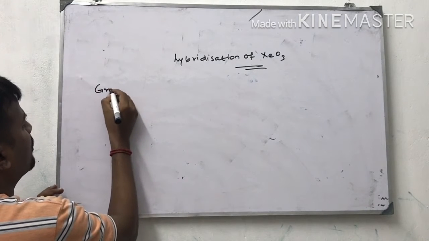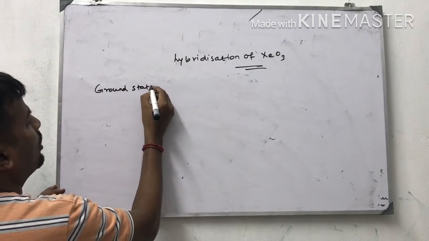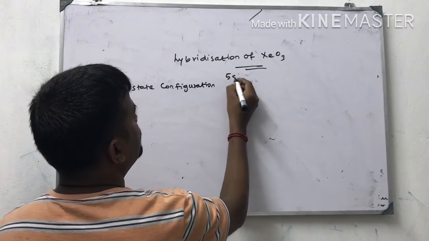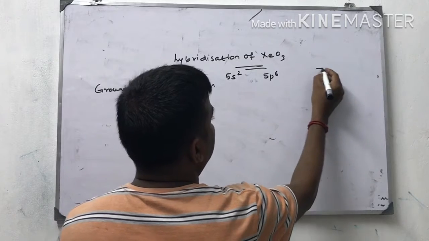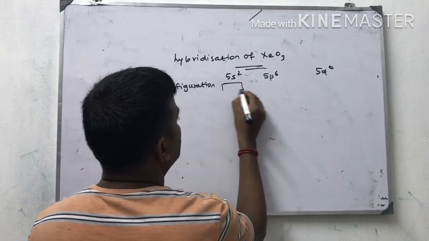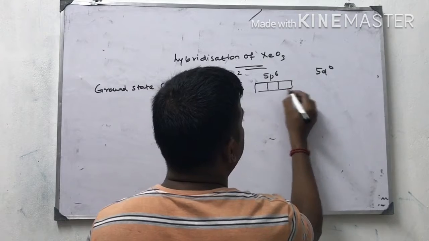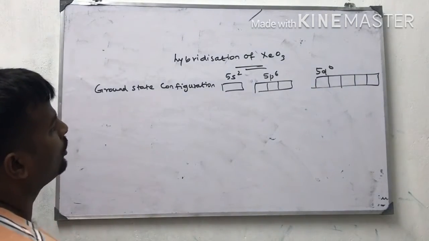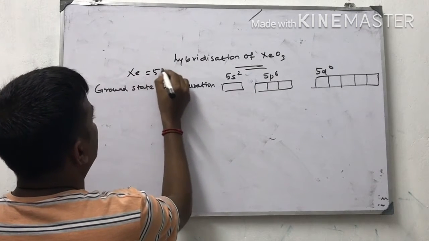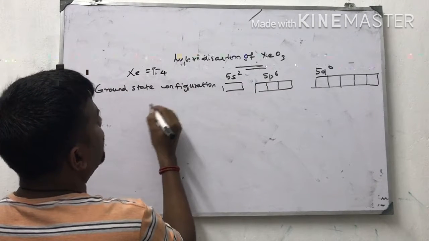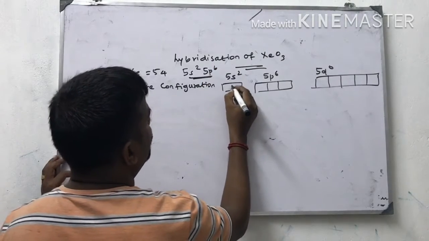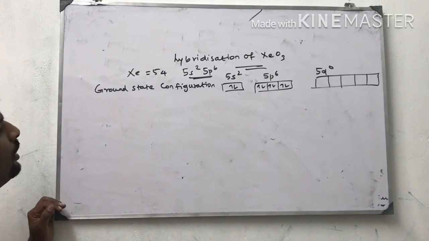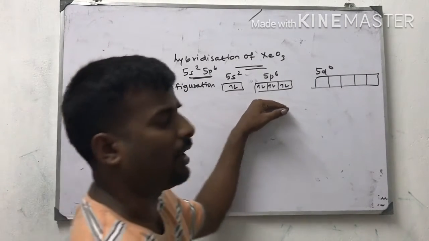Ground state configuration: 5s2 5p6 5d0. The xenon atomic number is 54. Here 2 electrons, here 6 electrons. So in ground state configuration, the valence electrons are 5s2 and 5p6.